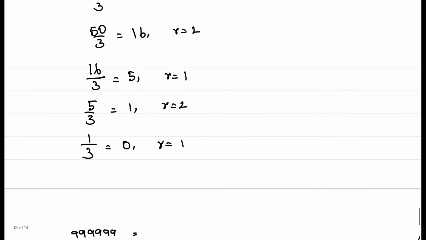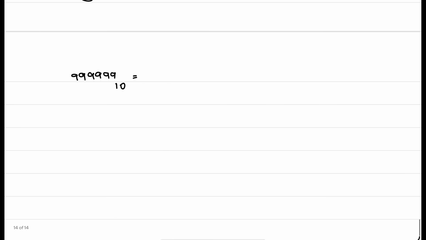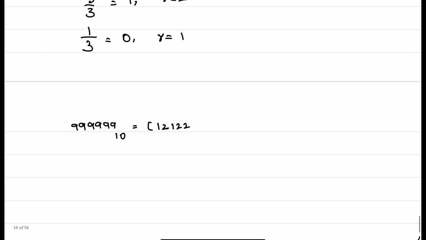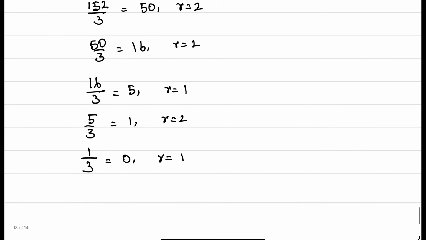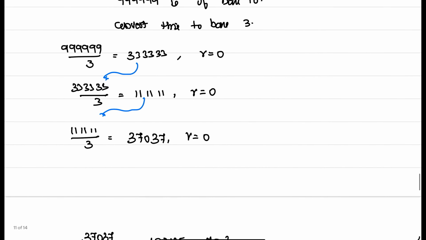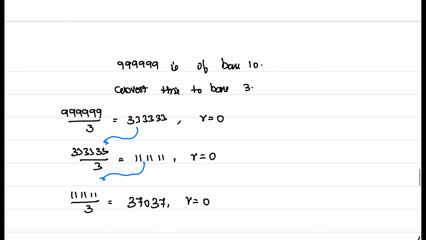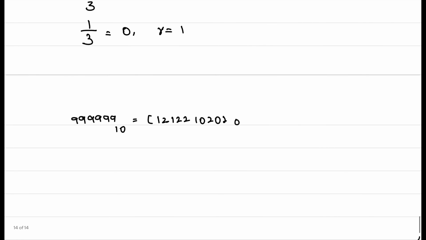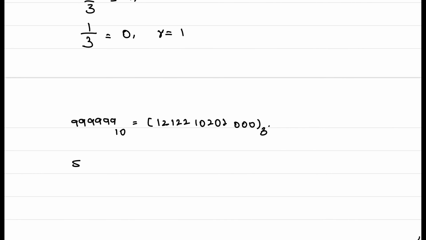That means 999999 to the base 10 is equal to 12122 10202 0003 000 to the base 3.